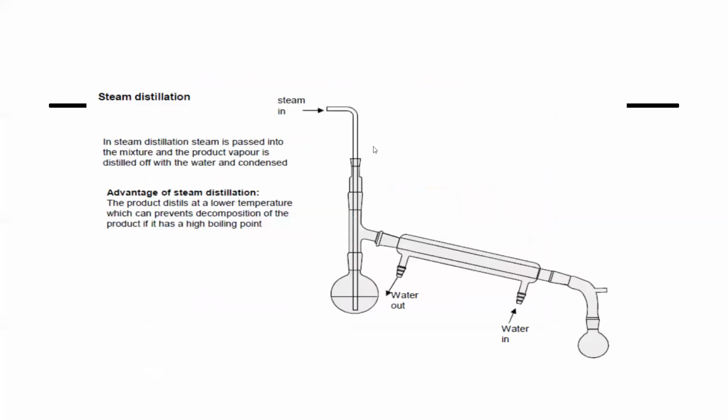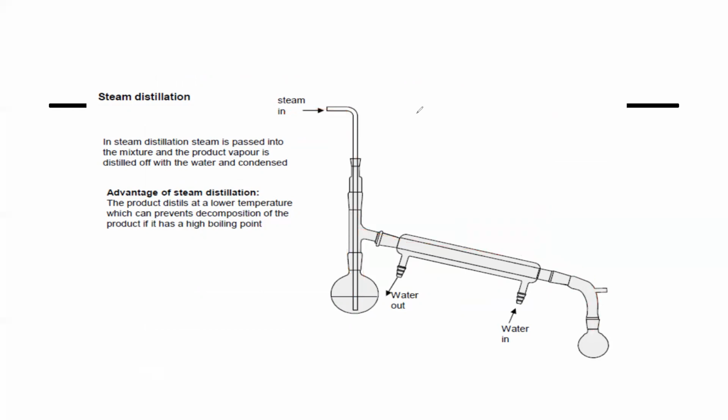Next, what is steam distillation? As you studied simple distillation and fractional distillation, this is steam distillation. In steam distillation, we add steam, which forms vapors, takes the substance with it, and the distillate is collected.